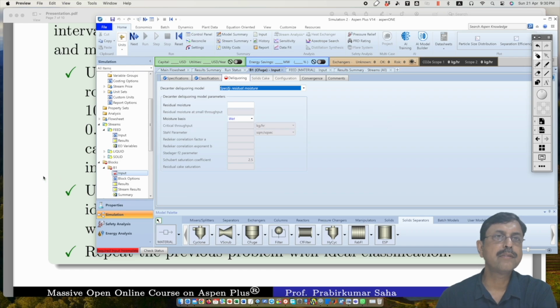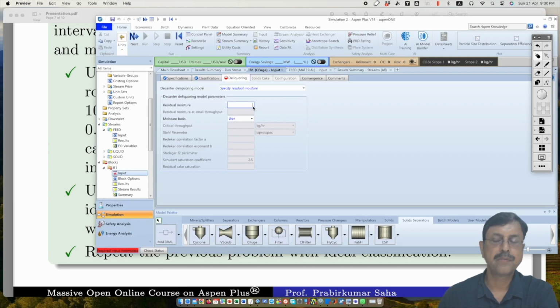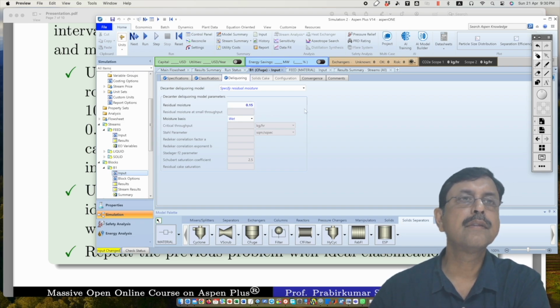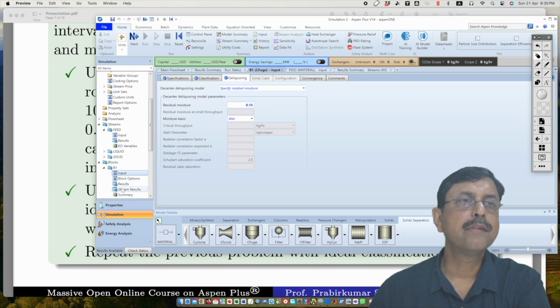So the residual moisture content is 15% on weight basis. So we have to give 0.15 on weight basis, and our specification is done. Let us run it. Yeah. So we have got the result without much problem. So let us see the results.